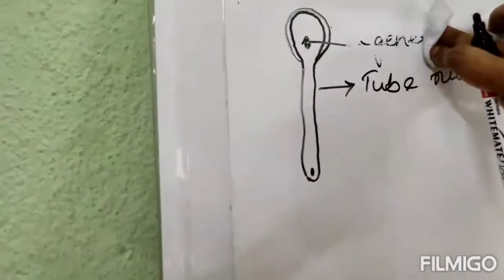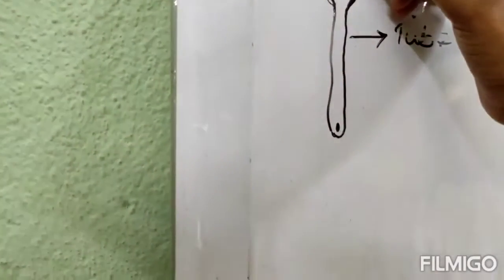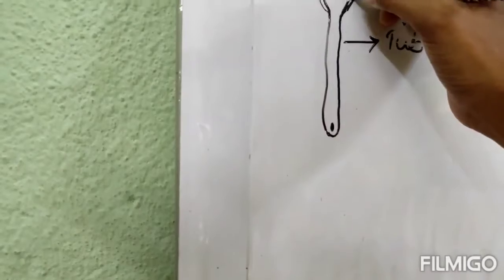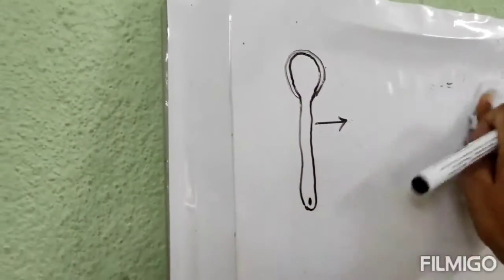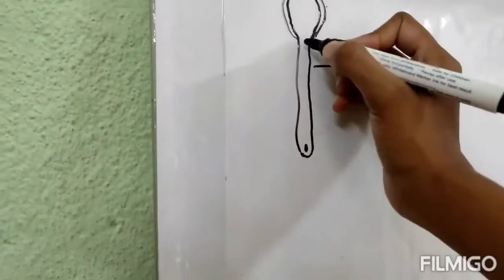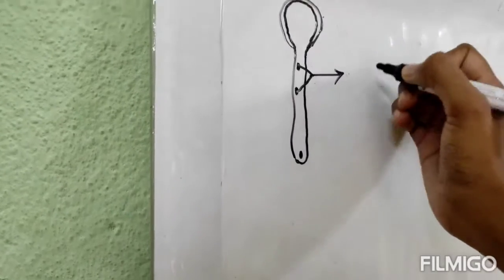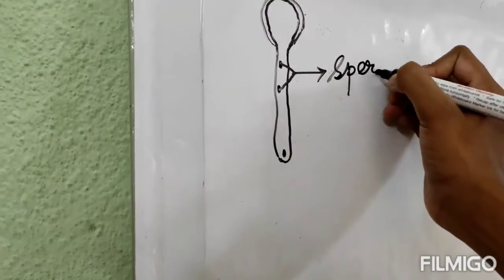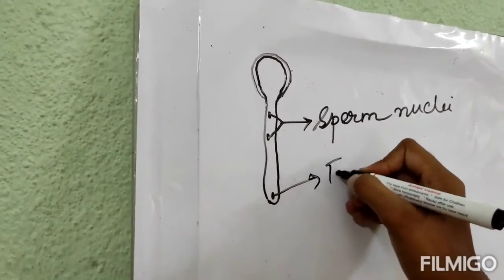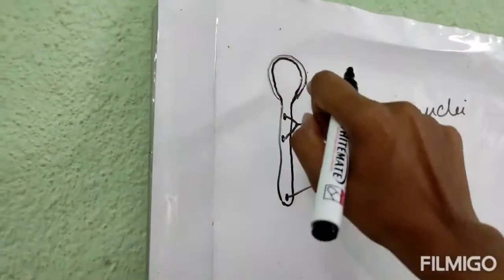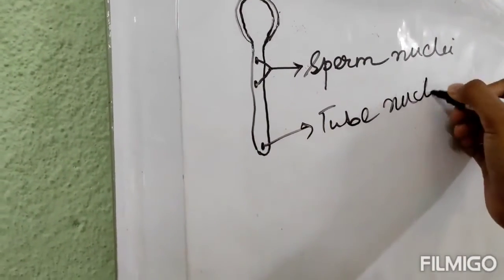This generative nucleus will again divide and form two nuclei. These two nuclei are termed sperm nuclei, and there is one tube nucleus, which was already there. So the generative nucleus divides to form two sperm nuclei.